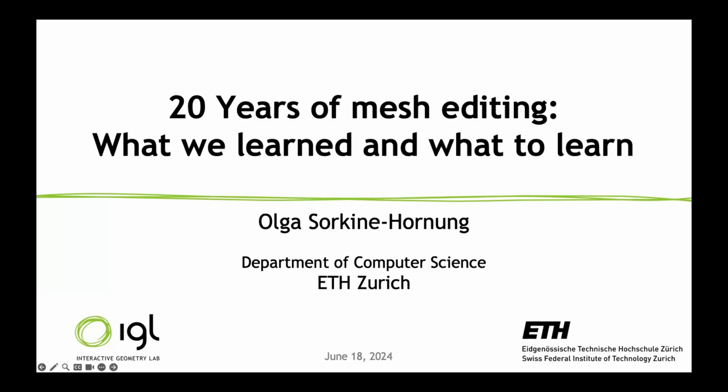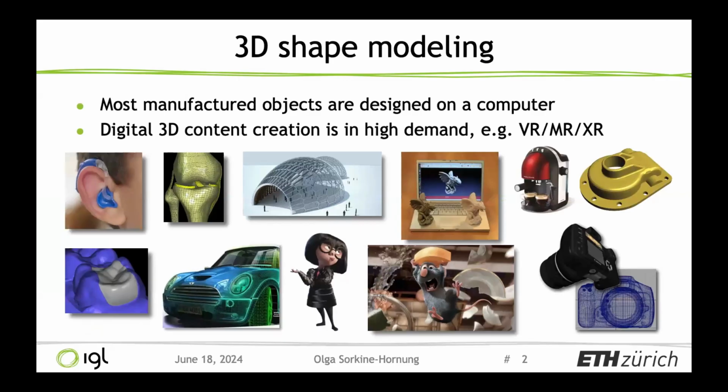So, as you know, my research is on shape modeling and geometry processing, and my interest in this area started over 20 years ago, in particular inspired by the fact that most physical objects that we see around us are actually first designed and maybe tested and simulated on computers and only then physically manufactured.